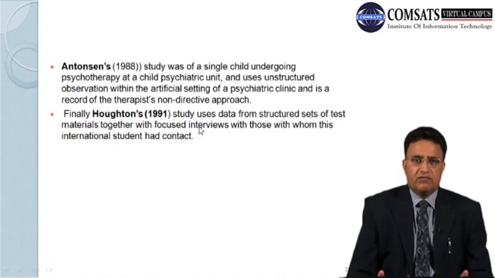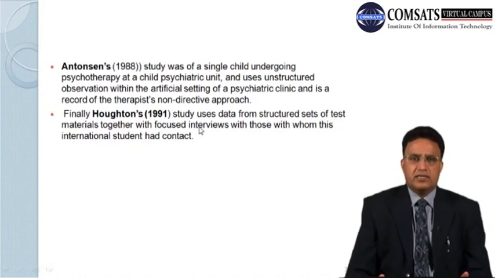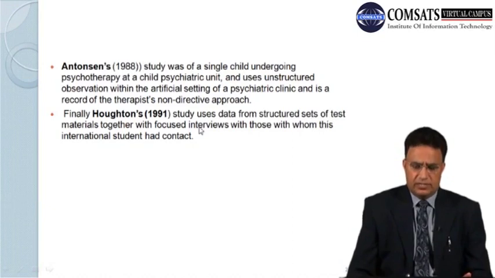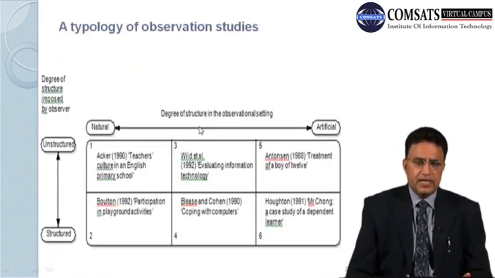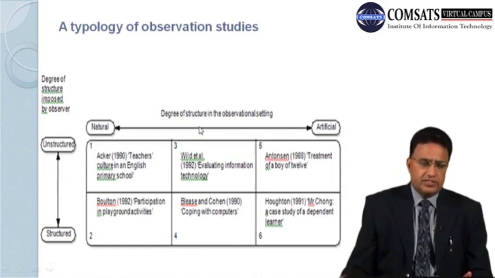So there is a vast range of methods and types of case studies which have been reported in literature on case studies. That can be presented in a diagram, a typology of observation studies.